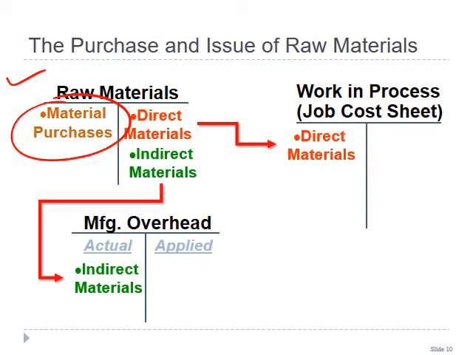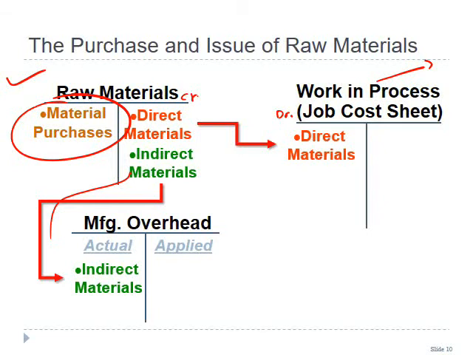So when you use the material, it is decreased or credited from the raw material and added to the work in progress, right? Which is also the job cost sheet. And the indirect material would be added to our manufacturing overhead, right?